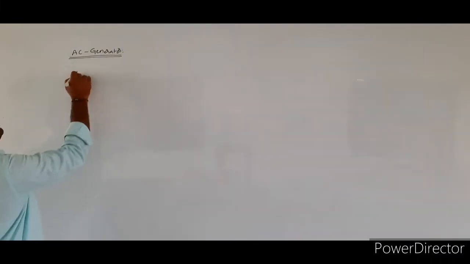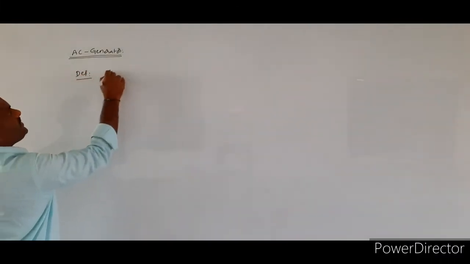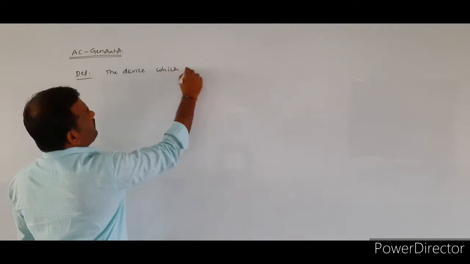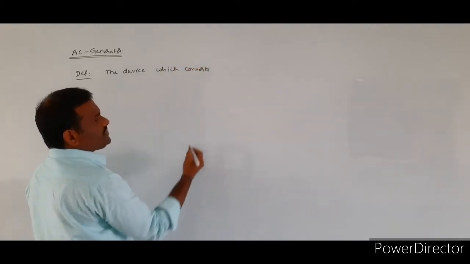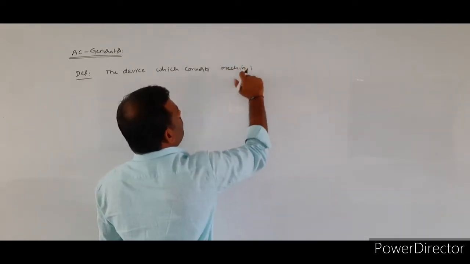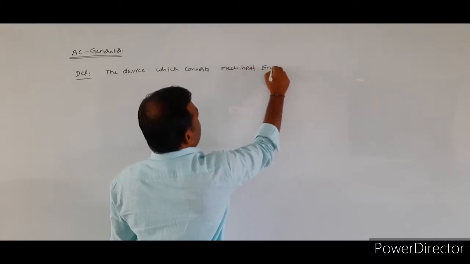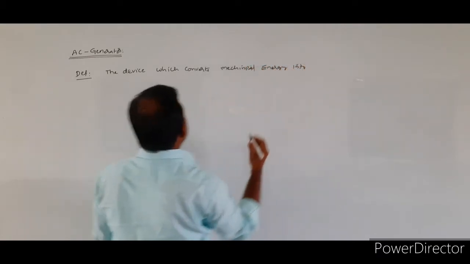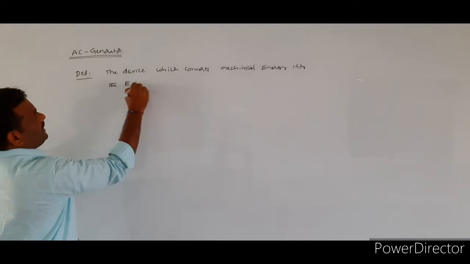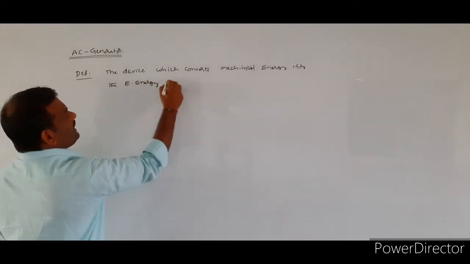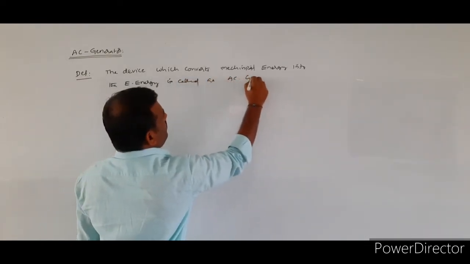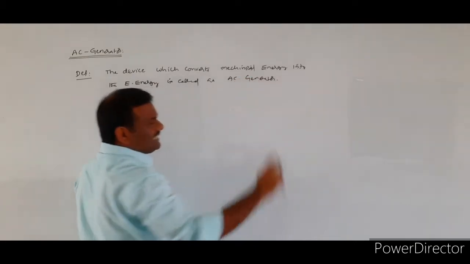Definition: the device which converts mechanical energy into electrical energy is called as AC generator.